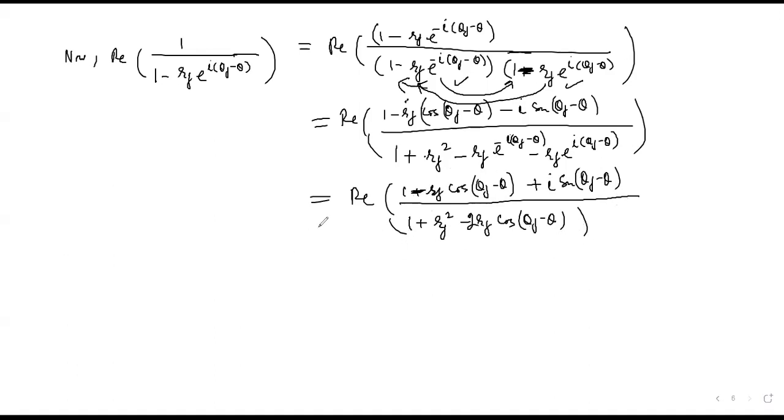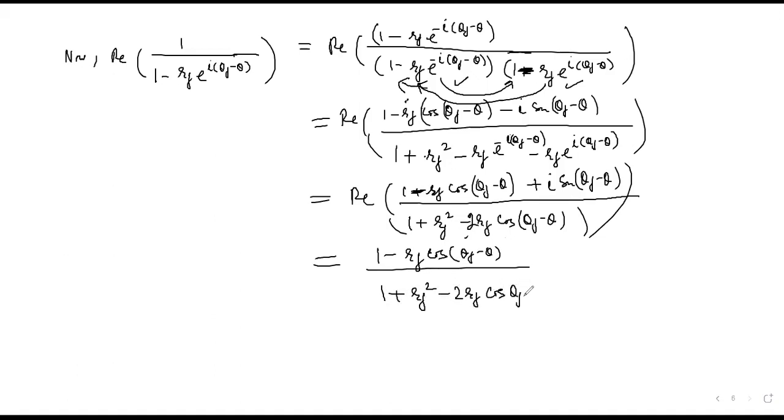What you get is twice the real part. मैं direct लिखता हूँ. It should be cos of theta j minus theta. अब जाहिर सी बात है नीचे real है तो इसका real part क्या होगा? This is just 1 minus rj cos of theta j minus theta divided by 1 plus rj square minus twice rj cos of theta j minus theta.